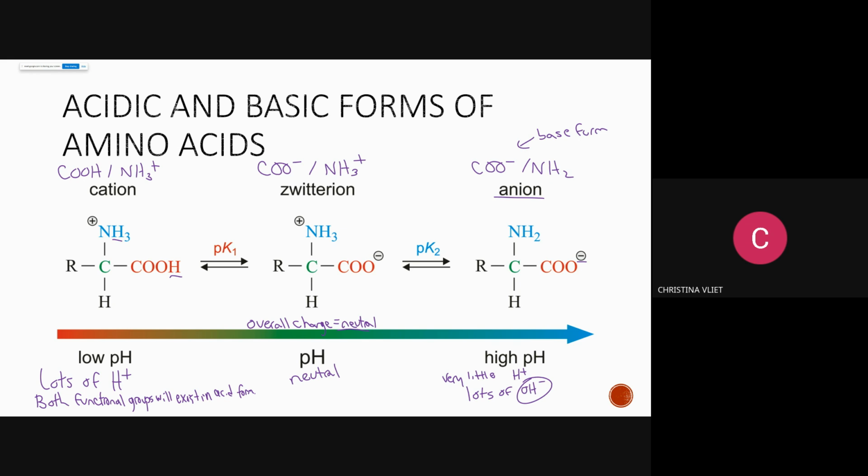Whereas over here, you have the acid form, where they both gain the H plus because of all the H plus available. And so you will have to predict the acid form, base form, and zwitterion for an amino acid based on pH. Which is really just Bronsted-Lowry theory from Unit 1, which we will be revisiting in practice questions.